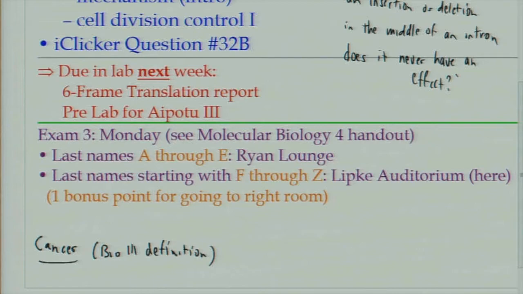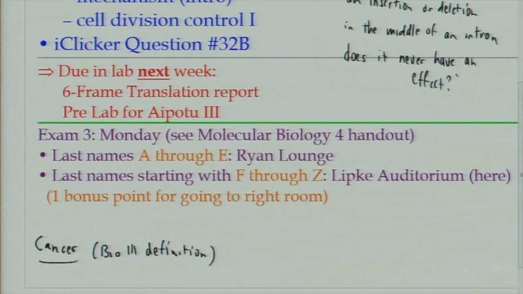Okay. And that medical terminology is different. Only malignant tumors are called cancer.